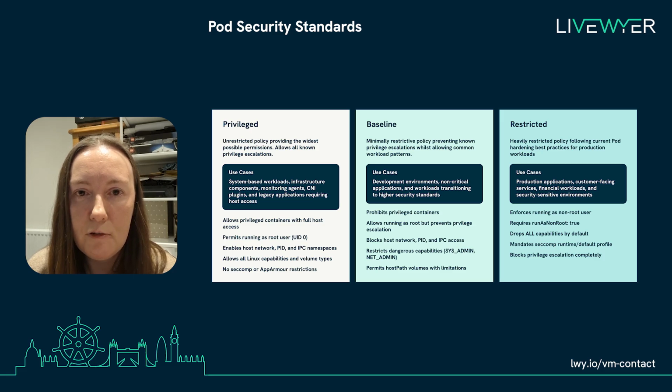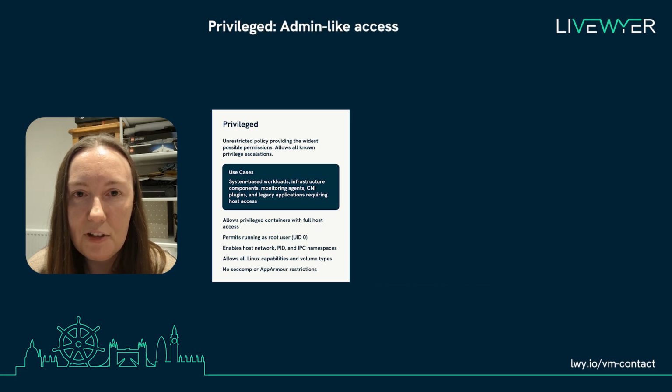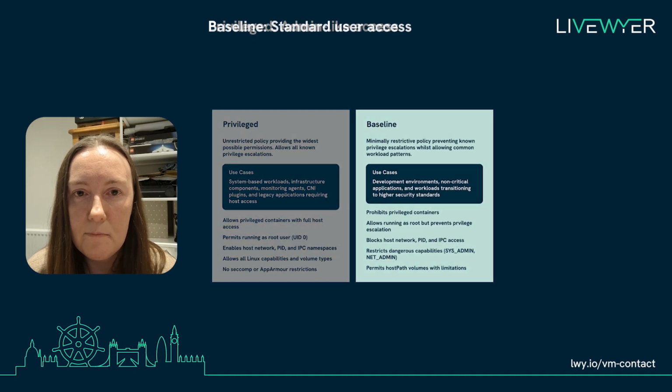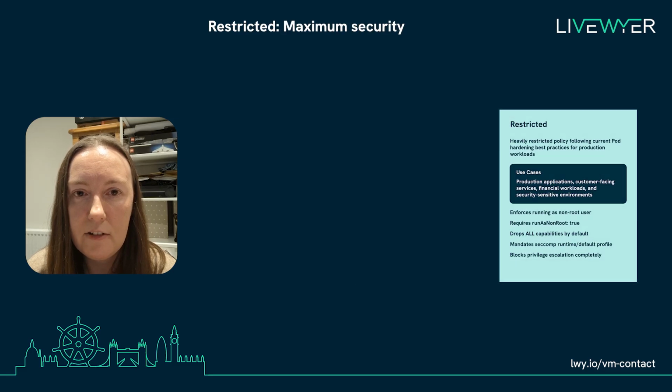Just like you have different group policy objects for domain controllers, web servers, and workstations, pod security standards have 3 profiles. The first is the privilege profile, which allows an app to have local admin-like access. The second profile is baseline, which allows an app to have standard user-like access with specific permissions.